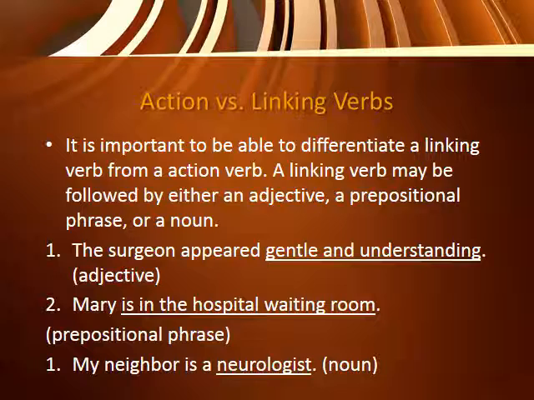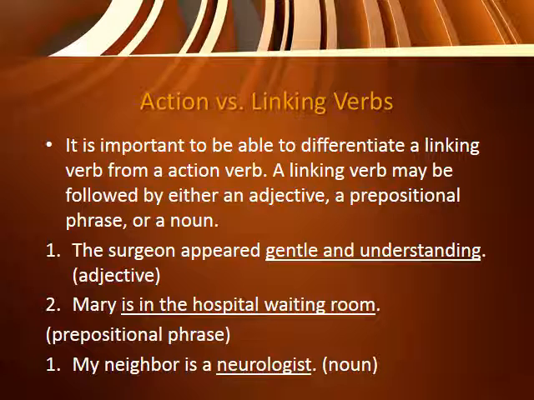We're going to be learning more about prepositional phrases later on, but I can tell it's a prepositional phrase because it starts with a preposition, and "in the hospital waiting room" is the phrase. You'll know after you've memorized all 75 of your prepositions that "in" is probably one of the more commonly used prepositions.